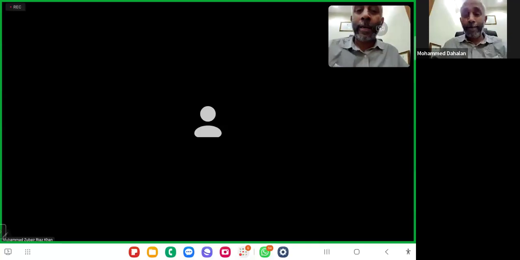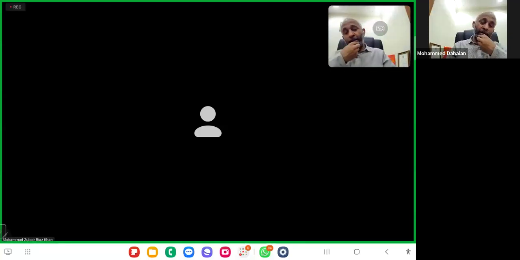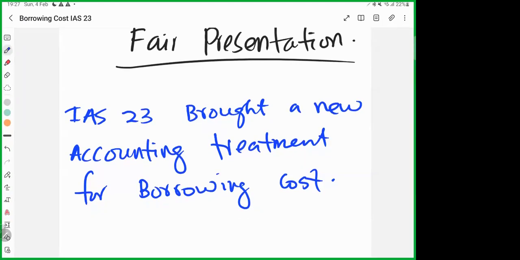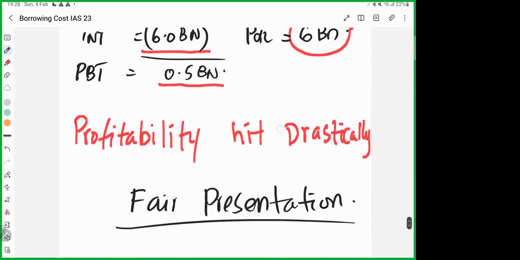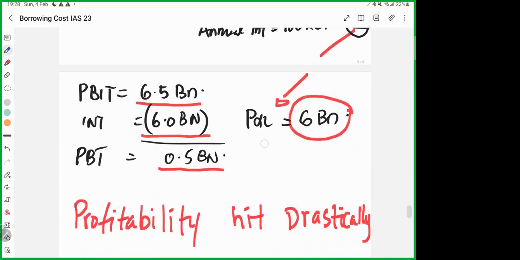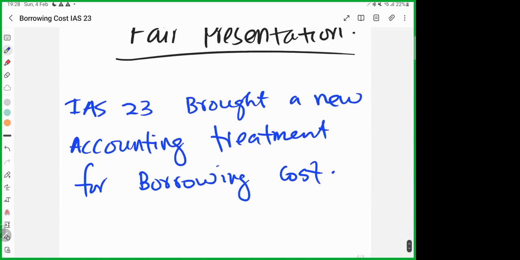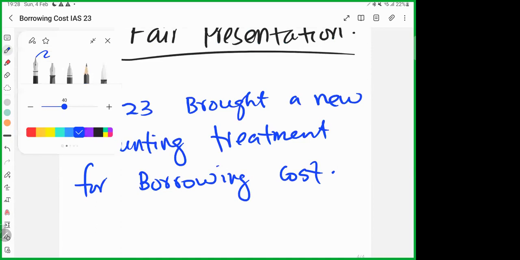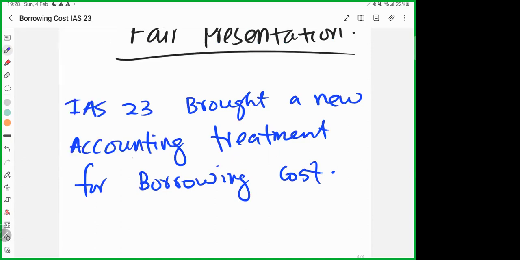Now what is happening here? The standard says, since we have this dilemma that profit is greatly impacted because of charging the borrowing cost fully to P&L, IAS 23 says that there is an alternative accounting treatment. I will show you.